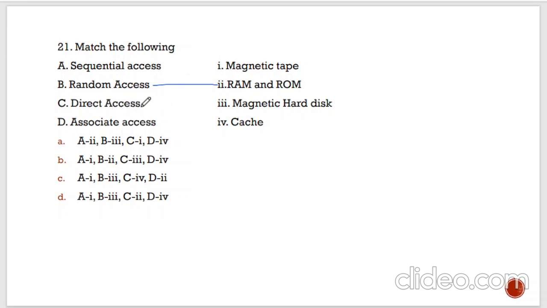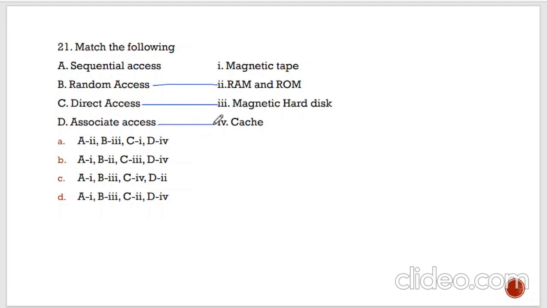So when can we use the direct access? The direct access method is used by the hard disk. How can it use the direct access method? Whatever data is required by the CPU, the memory address of that particular data, information or instructions is given, and it can be accessed directly. So the hard disk uses the direct access method to give that particular data to the CPU.